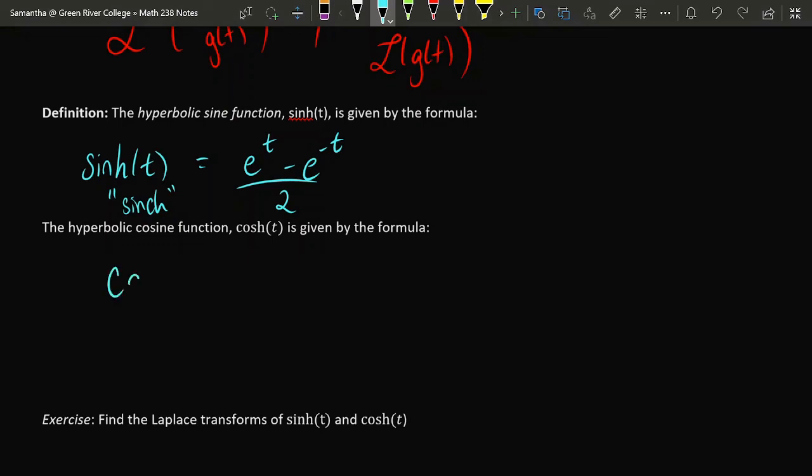The hyperbolic cosine function, cos with an extra h, pronounced as it's written, cosh, is the same thing except with a plus sign between the two exponentials. E to the t plus e to the minus t divided by 2.